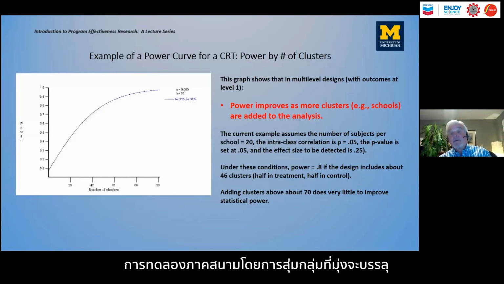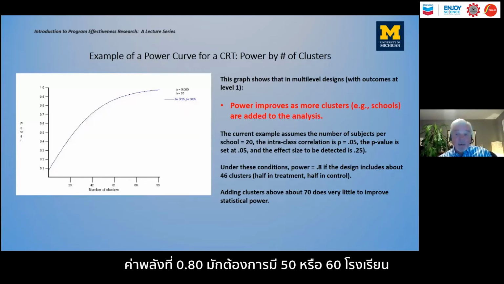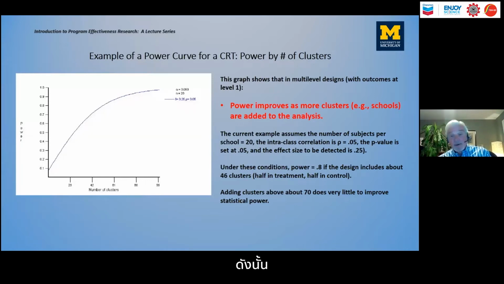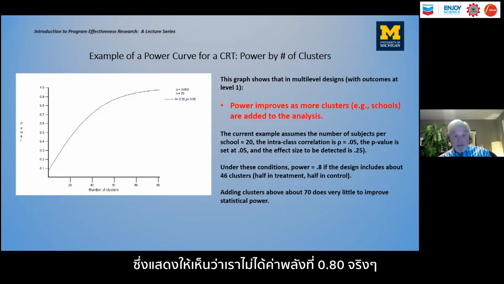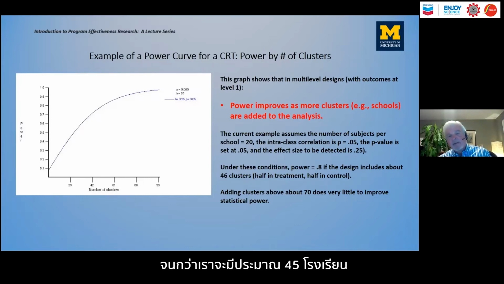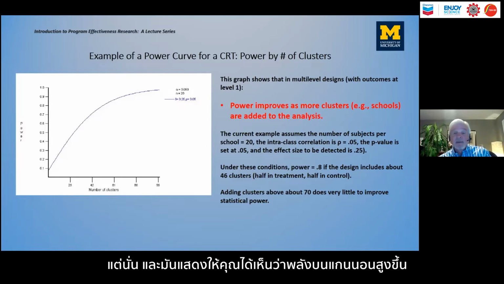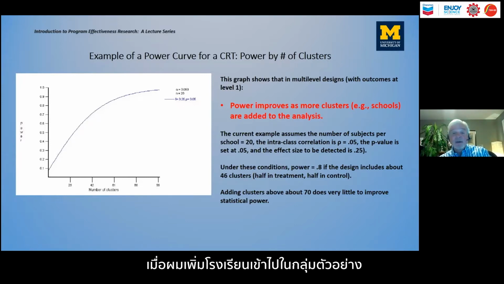Cluster randomized trials that are aiming to achieve a power of, say, 0.80 often require as many as 50 or 60 schools. So here's a very simple power curve that shows that we don't really get power of 0.80 until we have about 45 schools. It shows you how power on the vertical axis improves as I add schools to my sample.